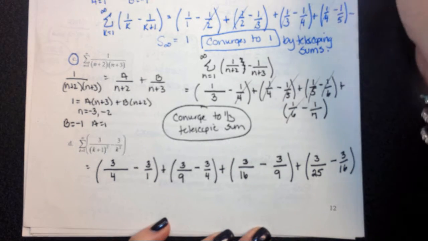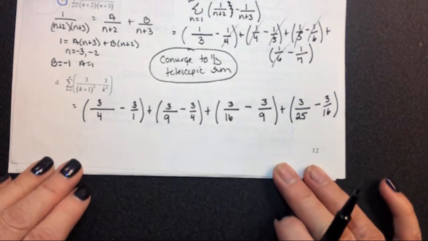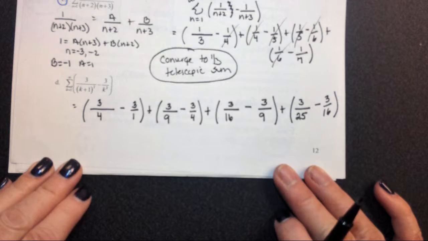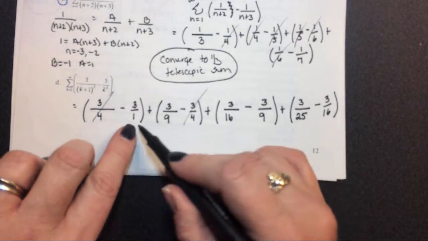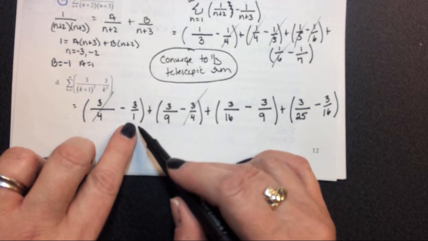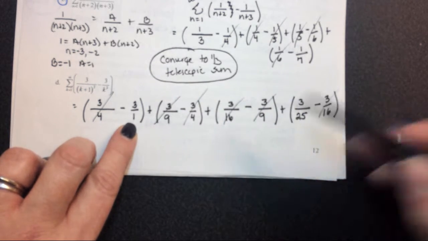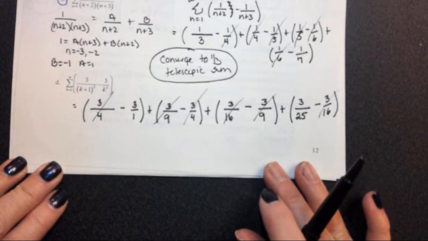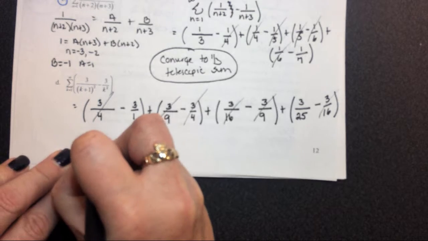So this is what the first 4 terms look like when I wrote it out. So does the 3/4 go away? Yep. What about that 3 minus 3 over 1? No. The 3/9 goes away, the 3/16 will go away, and eventually another 3 over 25. So what is this going to converge to by your telescopic sum? Converges to -3.